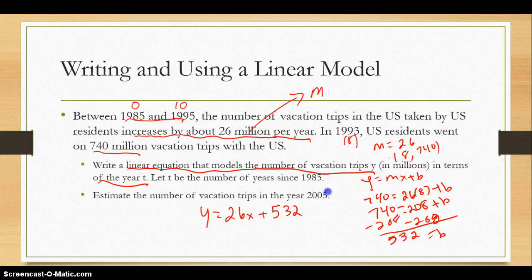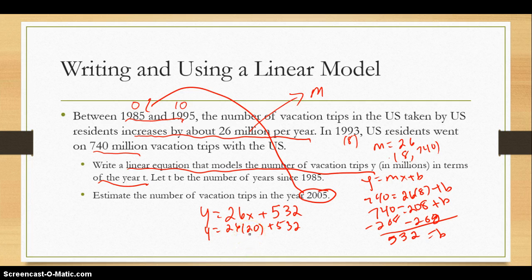So now they want to know the year 2005. So think about 2005 and how we can go all the way back to 1985. So how many years is that between? Well, that's 20 years. So we know y equals 26 times 20 plus 532.